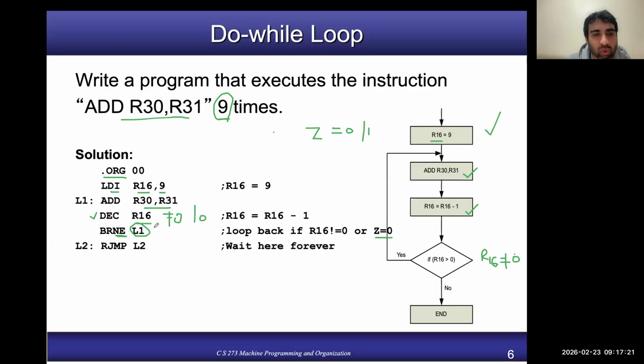At that point the condition becomes false and the control falls to the next instruction, where we are doing nothing but just jumping to the same instruction, rjmp L2, which says go to label L2. L2 is actually the label of the same instruction, so it will be an infinite loop at this point. Any questions?